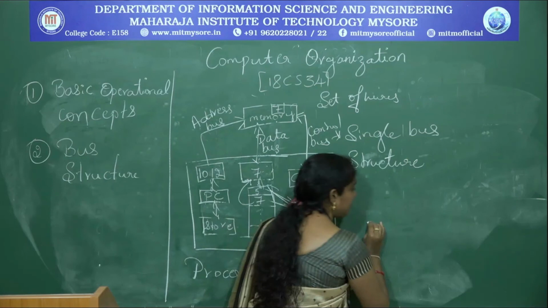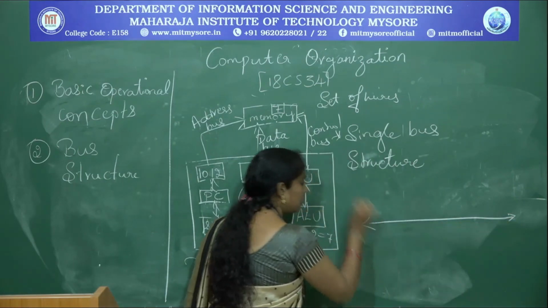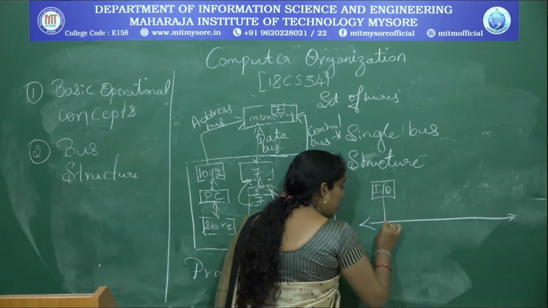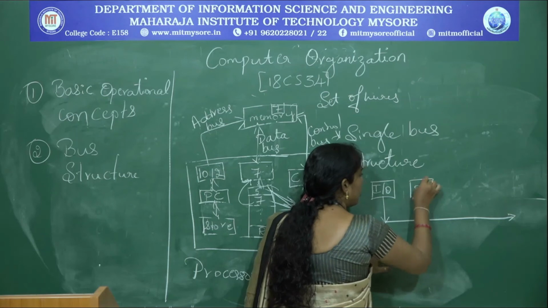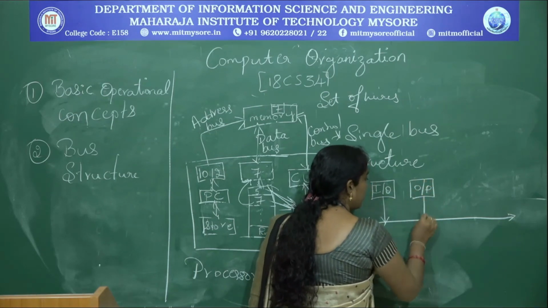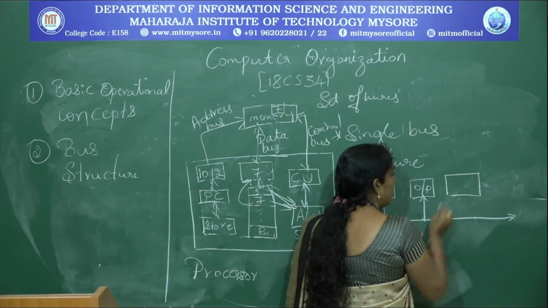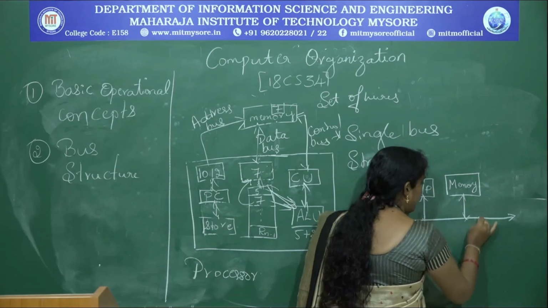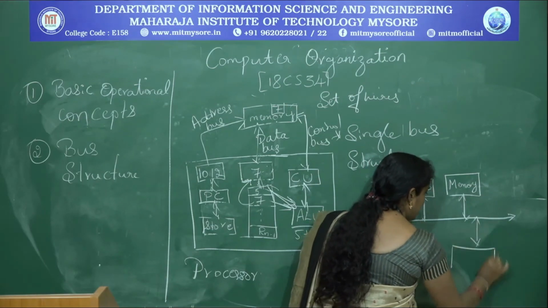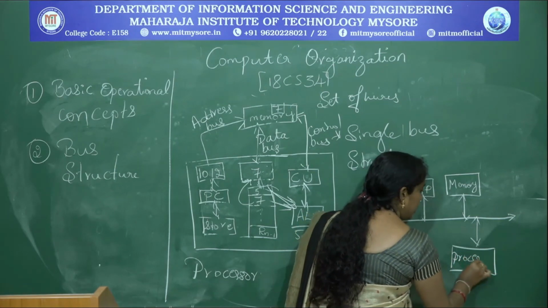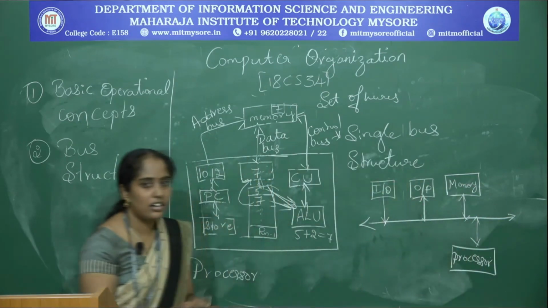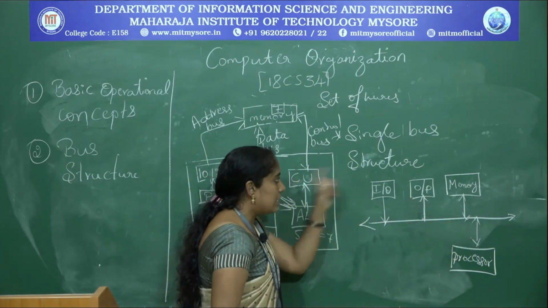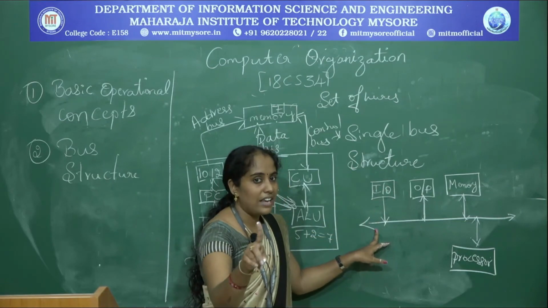Say for example this is the bus, this is your input unit, this is your output unit, this is your memory, and this is your processor. So in a single bus structure only two devices can be active at a time.